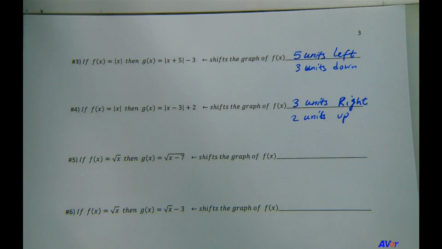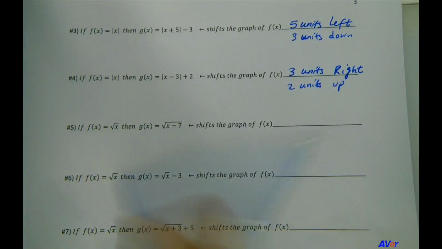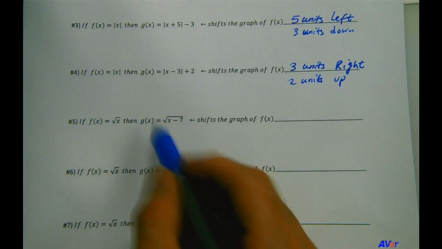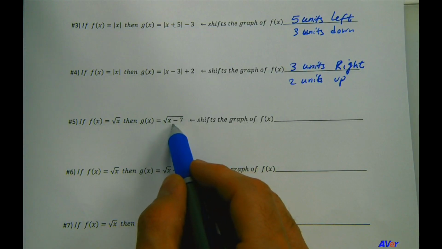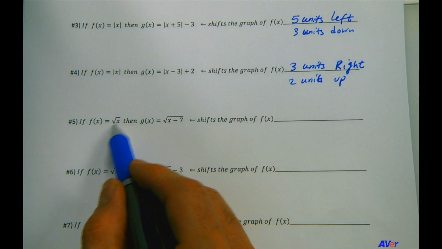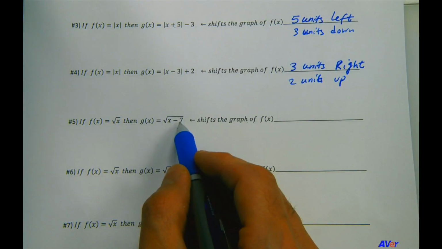Okay, so then the next function is the square root function here. Then the square root of x minus 7, how does that transform this function? Well, we have minus 7, so is there a horizontal shift to the right or left?